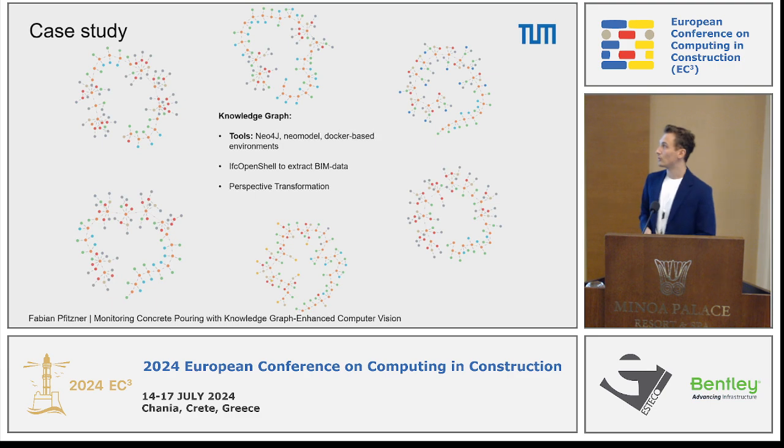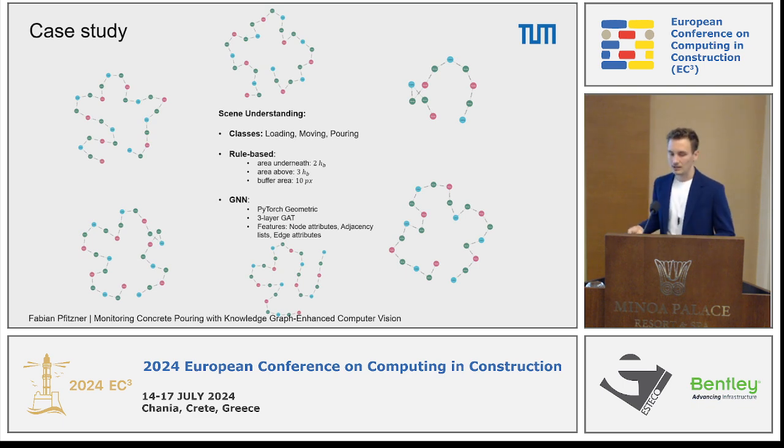And then we use Docker-based environments, so having multiple graph servers at the same time allowed us having a lot of flexibility in testing and training the graph neural networks. For extracting the BIM data, we were using IFC OpenShell, and to get from this camera perspective to the BIM model, we were using a perspective transformation approach based on the camera intrinsics.